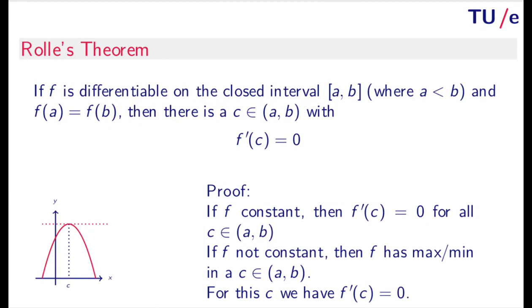And the min-max theorem tells us that there will be a c in the interval where the function attains its maximum or minimum. But then we can find this maximum or minimum at this c and can deduce that the derivative at this c is equal to 0. So in both cases we find that there is a c in the inner part of the interval such that the derivative of f at c equals 0.